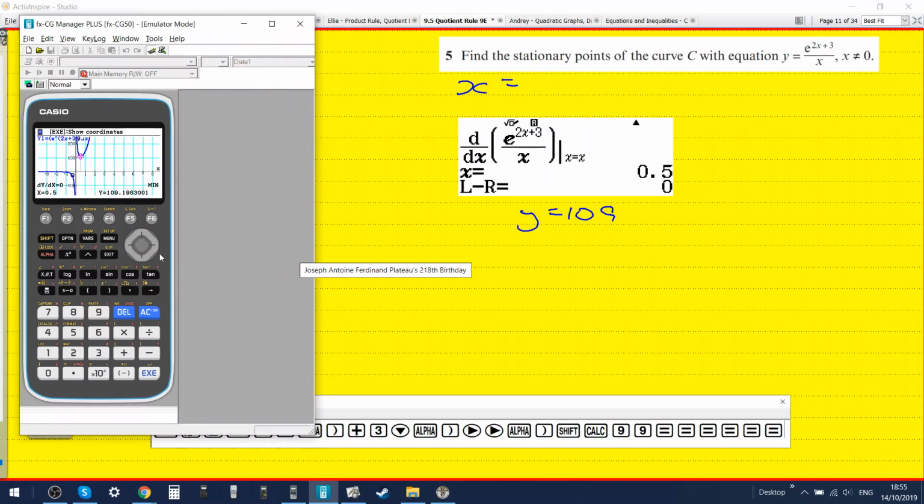So you're absolutely sure it's e to the power of 2x plus 3, where 2x plus 3 is the power. So this is why I was saying just use graphical solve.